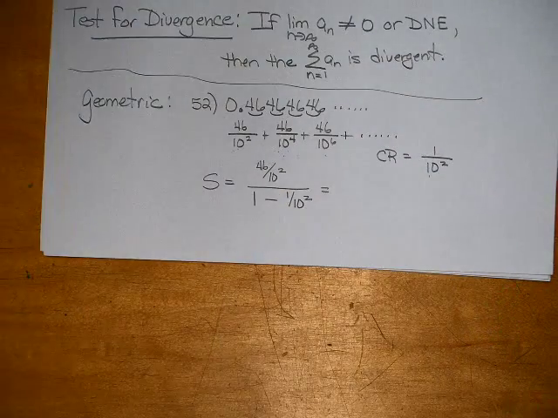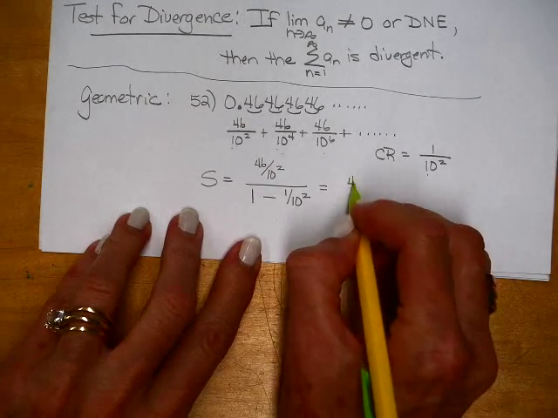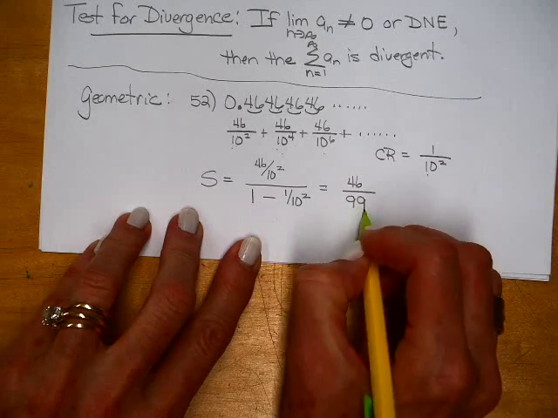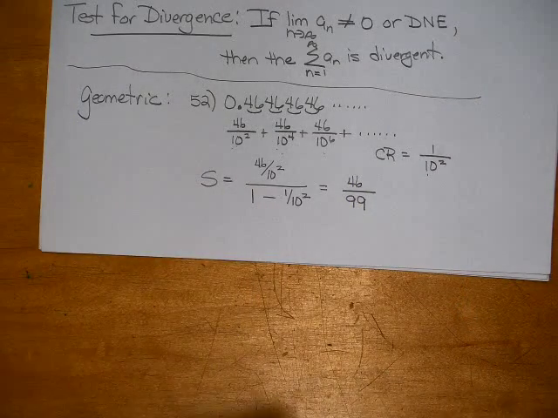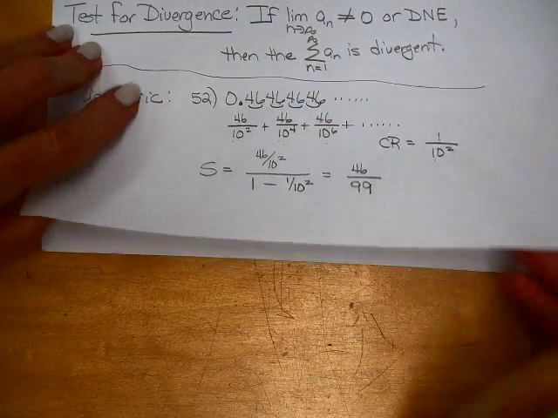You may put that in your calculator and it will give you a fraction, which is what they are looking for. And this is 46 over 99, which is probably what you thought it was anyway, but that's how you get it.